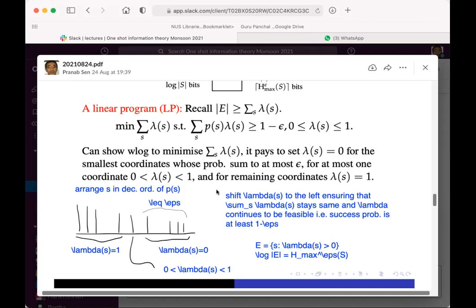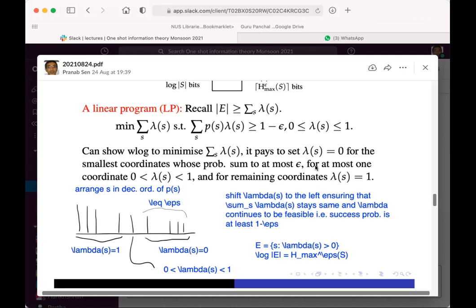Yes. Just the meaning. When we say shift lambda S, lambda S is the probability of correctly decoding S. Yes. But right now I'm talking about the LP. Okay. But just to understand it, what does it mean when we say that I'm shifting lambda?